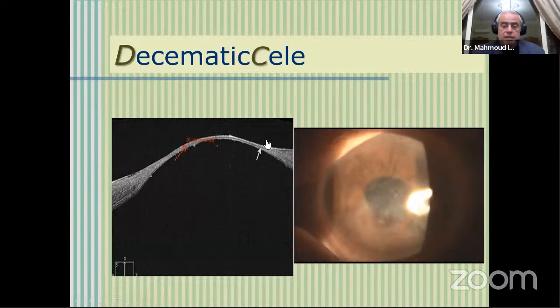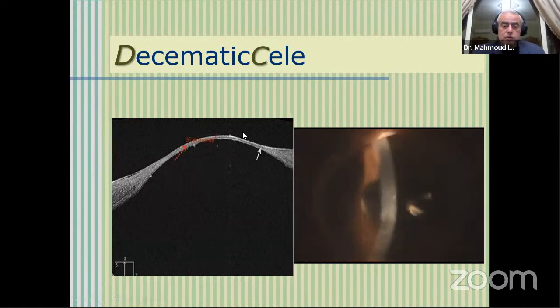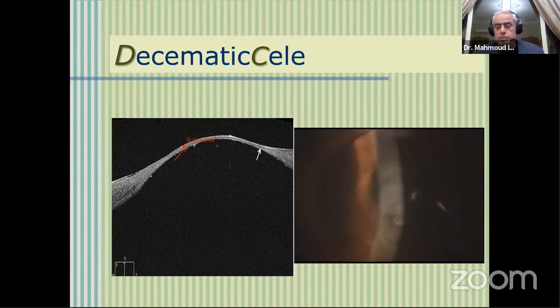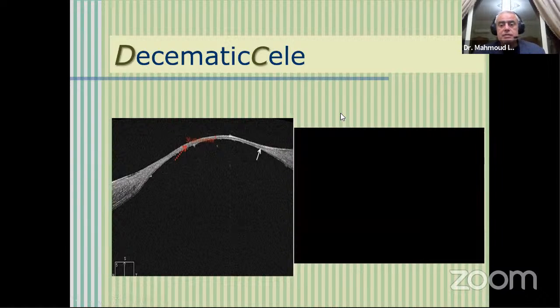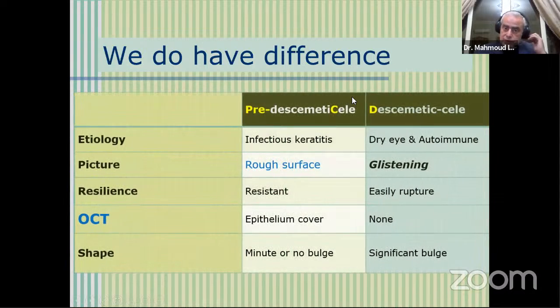However, even if it is very tiny and small, this is a desmetic seal and it can rupture anytime, and this patient should go to surgery as soon as possible, in spite of it looking very calm and cool, because the Descemet membrane is bare and we have no cover for it. So we have a differentiation now, a pre-desmetic seal and a desmetic seal.